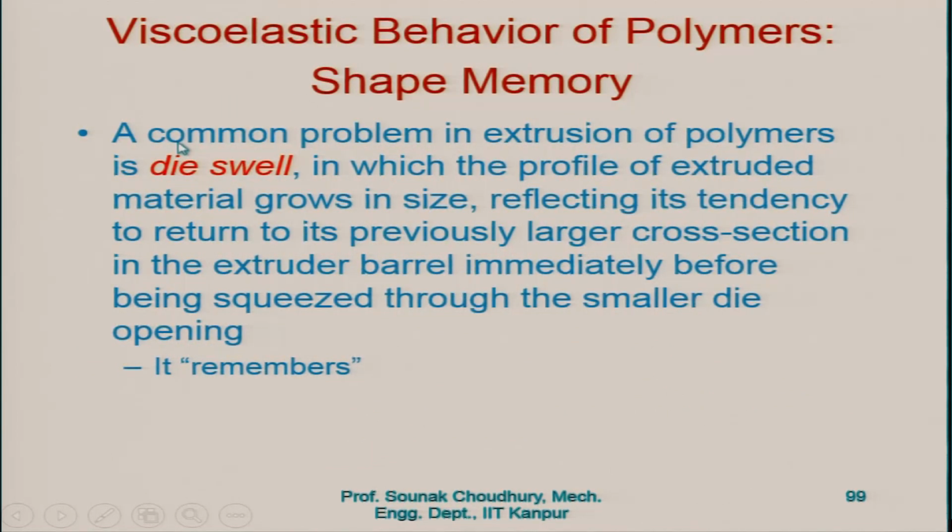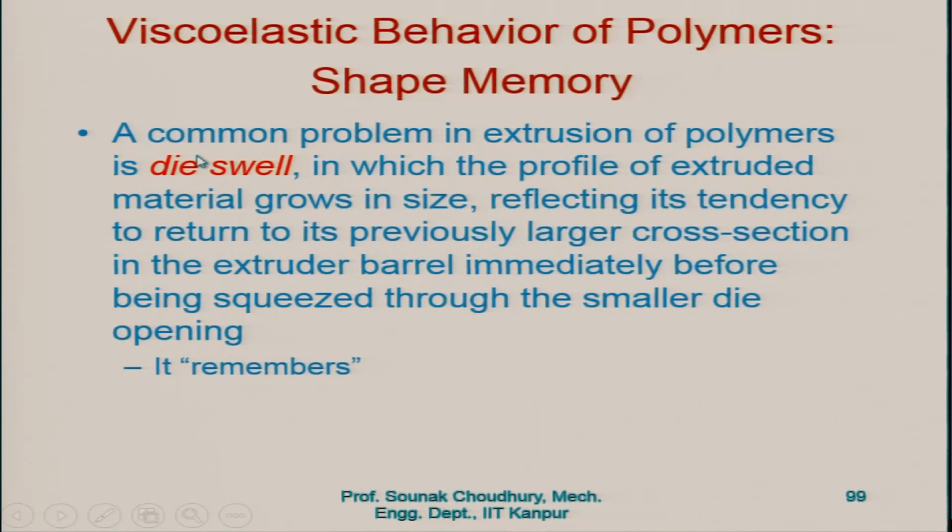Now, viscoelastic behavior of polymers is a very important phenomenon and property that is used very widely in manufacturing and in many other industries. This is called the shape memory.